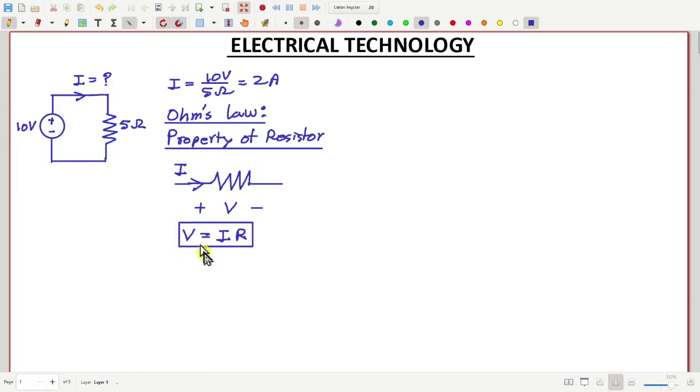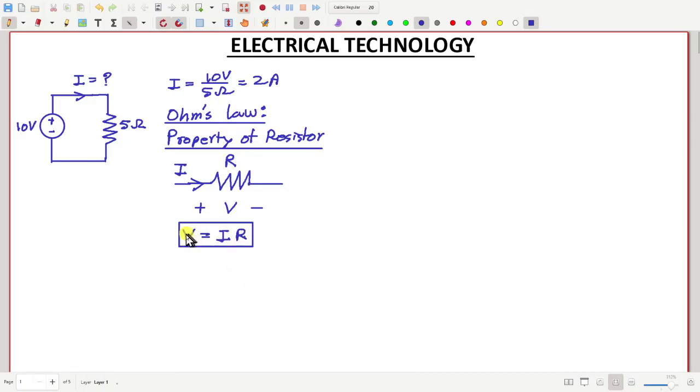This is Ohm's law. Now the current through a resistor can have different values. The voltage will also take different values accordingly, but always voltage and current, they are related by this equation, where R is the resistance of this resistor.